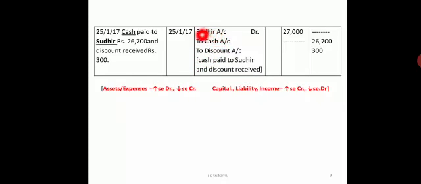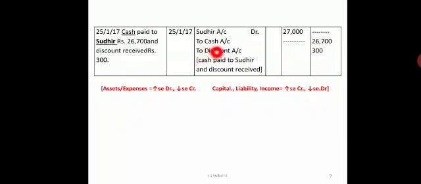In the previous transaction, we have purchased goods from Sudhir relating to 27,000. So now when I am paying cash, I am not paying the full 27,000. I am paying only 26,700. That means Sudhir has given us discount of rupees 300.